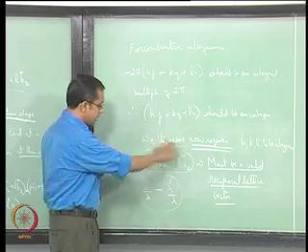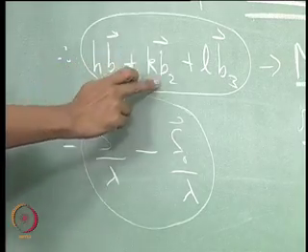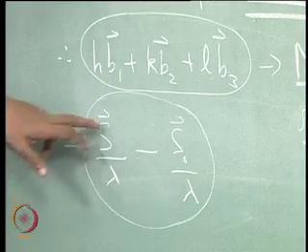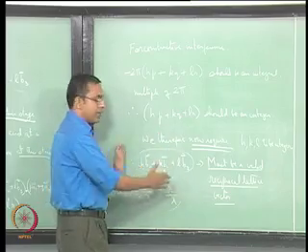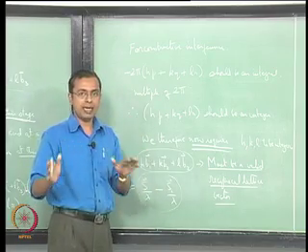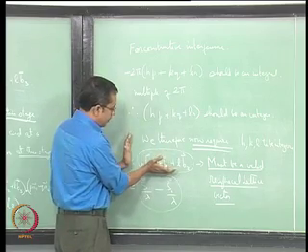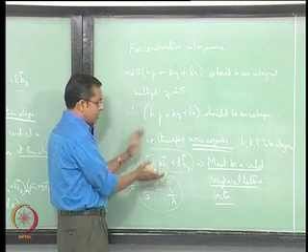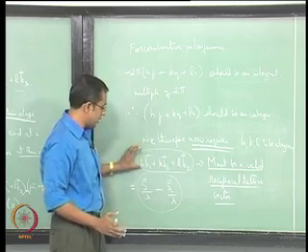So we find that this equation here, hb1 plus kb2 plus lb3 is equal to s by lambda minus s naught by lambda. That equation gives us the condition for diffraction as indicated in the reciprocal lattice, in the reciprocal space notation. We have the reciprocal lattice vector representing information about the reciprocal lattice on one side of the equation.